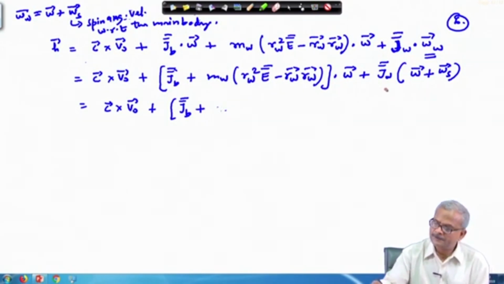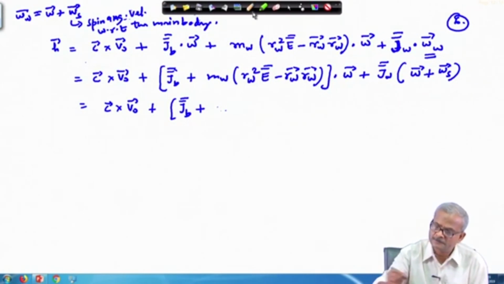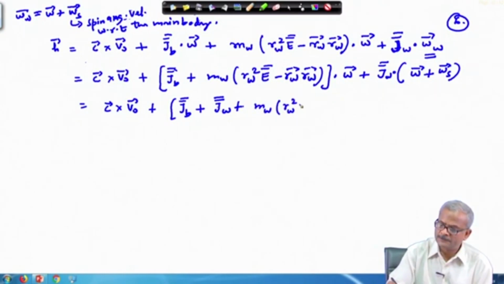This term we can pick up from this place, and we can write J w plus m w times r w square, this is the unit dyadic, minus r w.